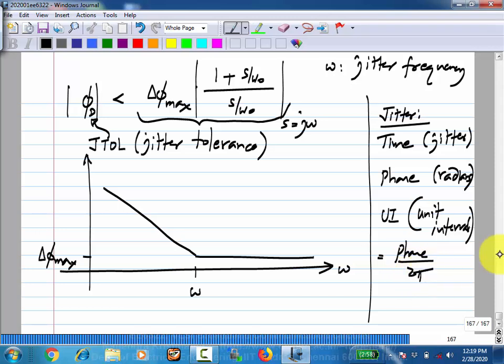If you look at this jitter tolerance, you can express it in any of these, but it's quite common to express it in terms of unit intervals, in which case you divide this by 2 pi, that's all. Is this okay?